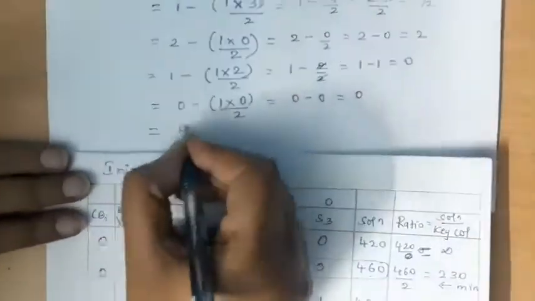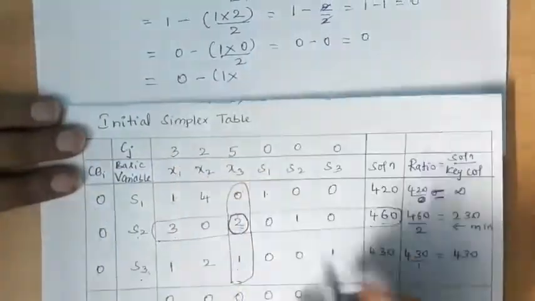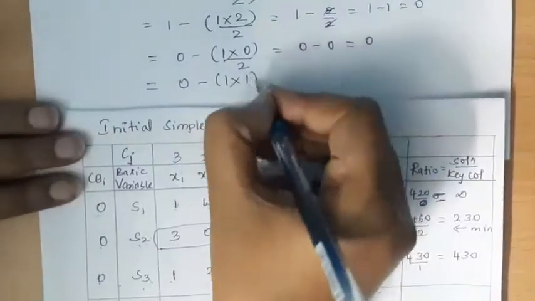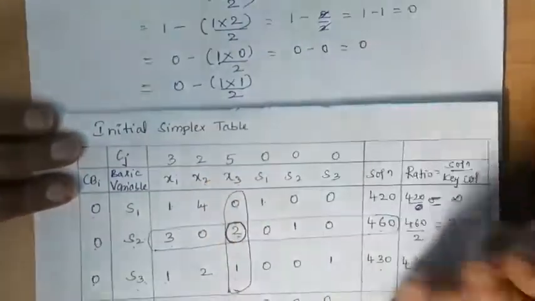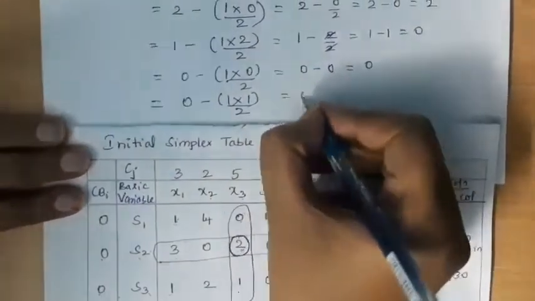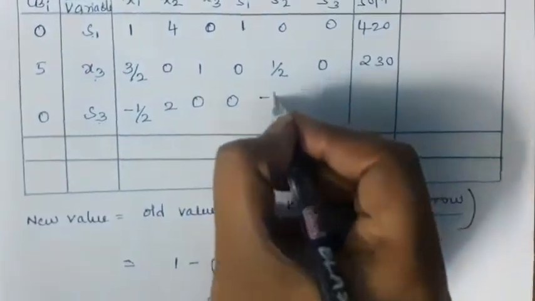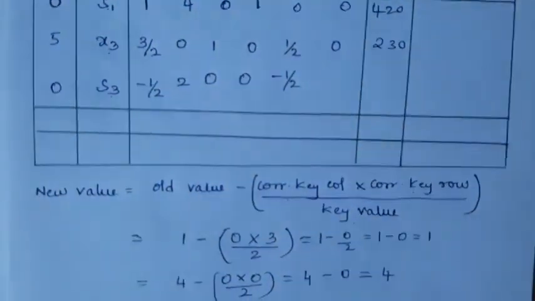Next, the old value is 0 again, minus the corresponding key column value 1, into the key row value 1, divided by the key value 2. So we get 0 minus 1 into 1 is 1 by 2. So 0 minus 1 by 2, that is equal to minus 1 by 2. So here write down minus 1 by 2.